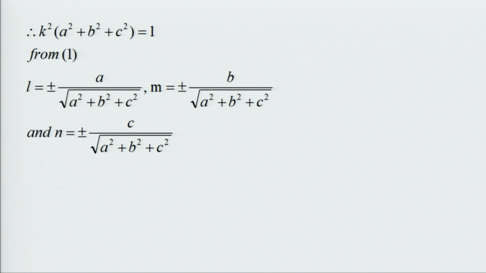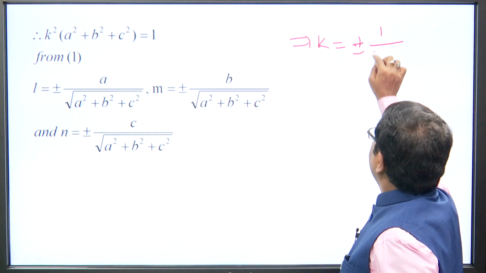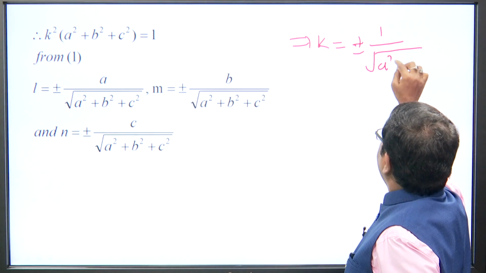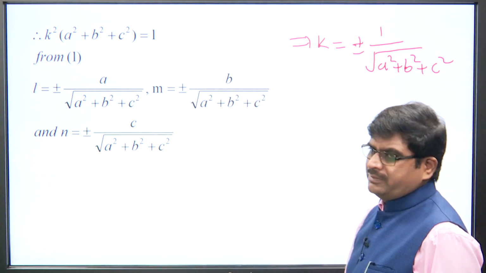After simplification, k square equals k square into a square plus b square plus c square equals 1, implies that k equals plus minus 1 upon under root a square plus b square plus c square.